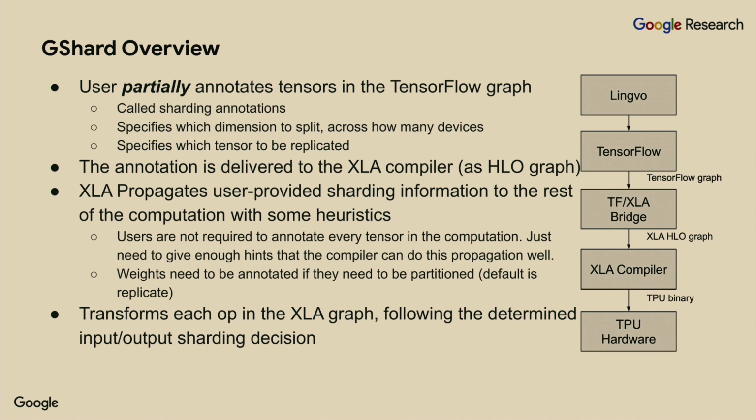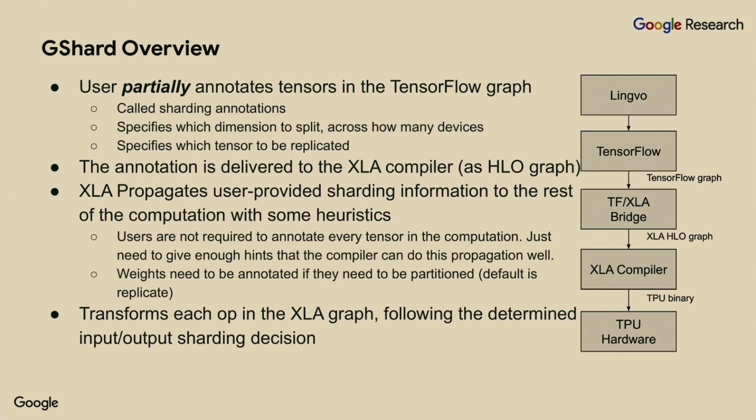The SPMD partitioner also needs to arrange data transfers by inserting various communication primitives. For example, if one tensor is sharded one way as an output of an operation, and its consuming operation specifies another sharding, the partitioner will use all-to-all or all-gather to reshuffle the tensor data.